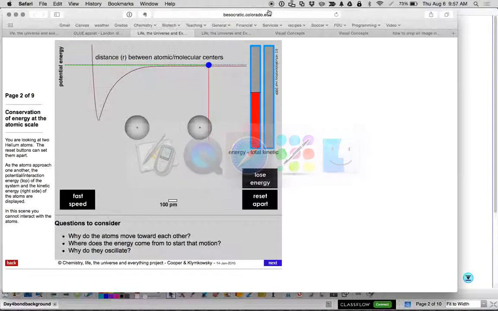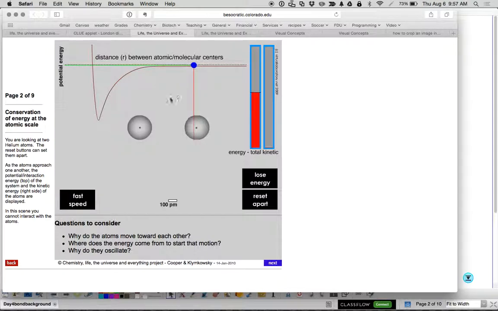When you have two atoms far apart, they're not really interacting with each other. But as they get closer, they can start to interact. And this interaction will actually decrease both of their potential energies. So you see here's a graph of potential energy versus distance between the nuclei. All right?